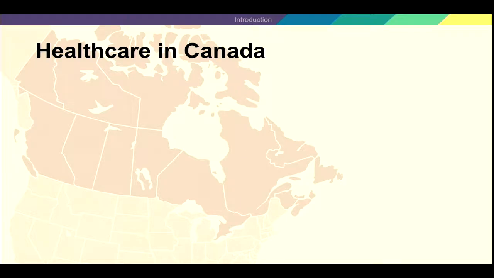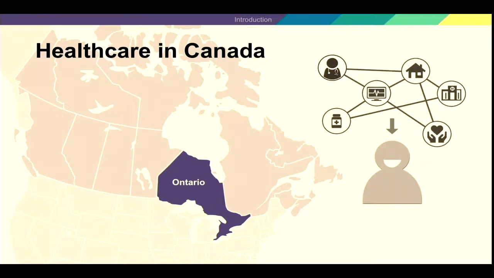So by way of background, I'm from Canada, and in Canada, healthcare is delivered through the system of provinces and territories. I live in the city of Toronto, which is in the province of Ontario. And so for me, it's the government of Ontario that manages the delivery of care. And this isn't an easy job because healthcare is very complex. We have many moving pieces that need to work together.